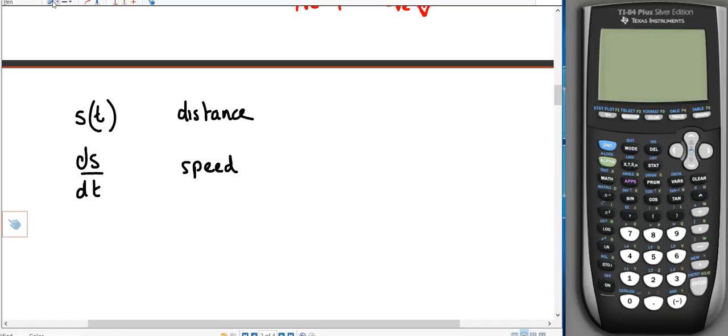Basically s is in meters, this would be meters per second, right? What if I were to differentiate again? What if I were to differentiate the gradient function?